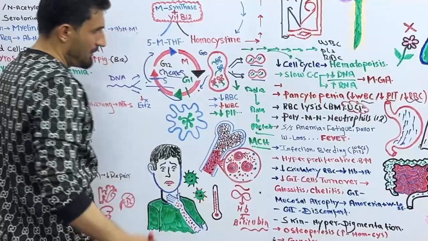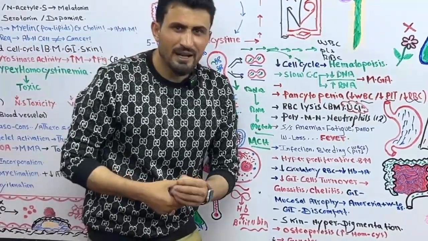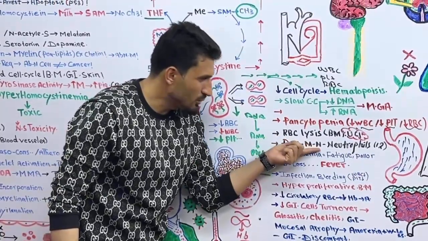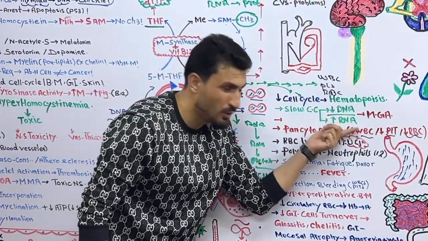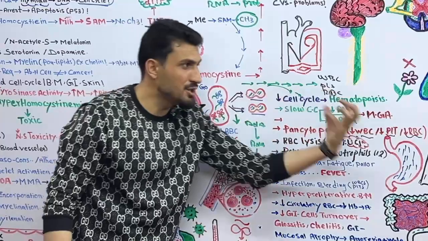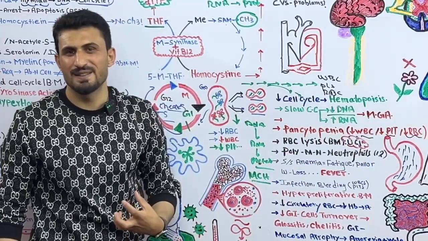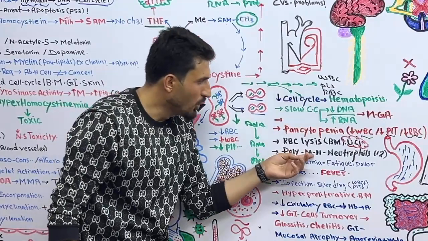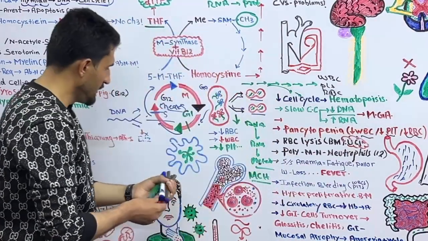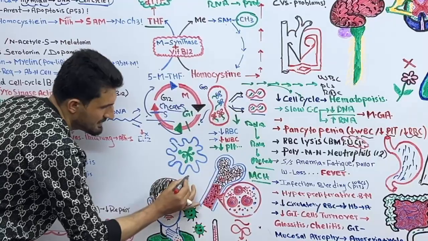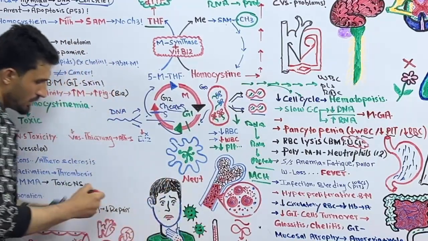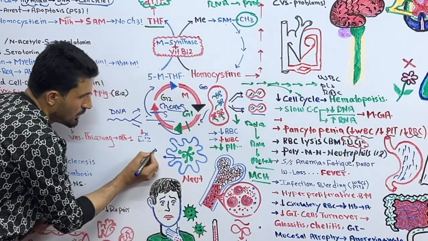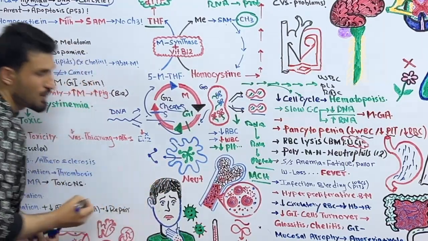Got it? Now, because of immature hematopoietic cell production, you will find some immature WBCs inside the circulation, and one of those is the polymorphonuclear neutrophil. For example, this is a neutrophil. A normal neutrophil has a nucleus which has one, two, and three lobes.